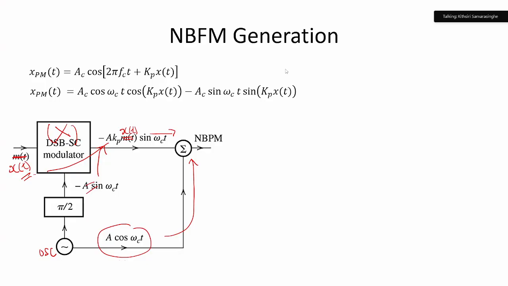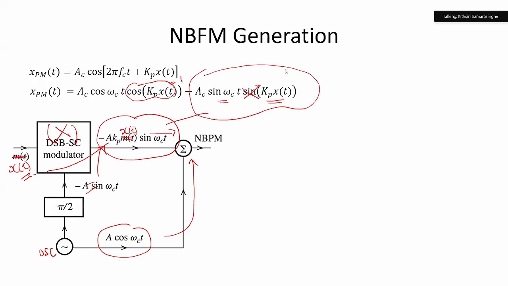You get narrowband PM, right? Because this cos term is 1 for narrowband, and this one sine term is not there. So kp x(t) into sine omega_c t is the term here. That term is generated within that. A cos omega_c t is this term. And summing these two, you will get narrowband PM.